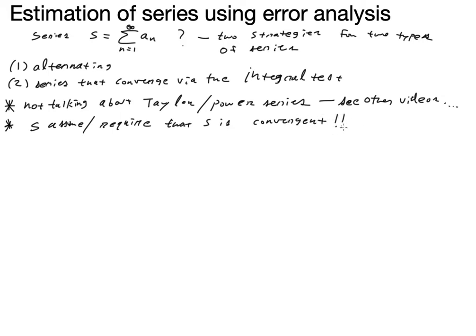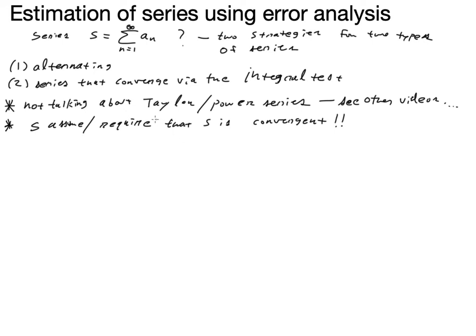Okay, so we're not going to check convergence in this particular video. We're just going to assume convergence, or at least check it really briefly. We'll assume that we already know we're dealing with a series that does have a finite value. Obviously, the testing process for determining if a series converges or not is an important question to answer. First, we'll assume that we've already done that in this video.